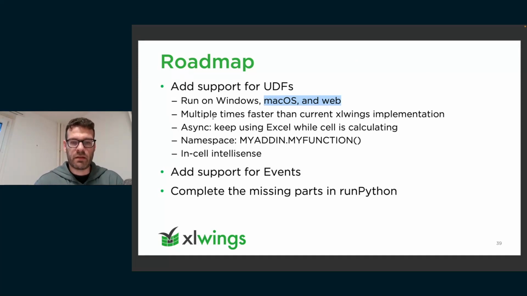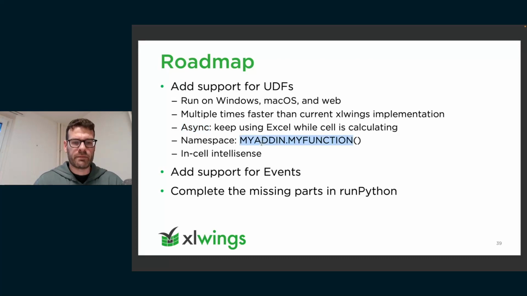They're multiple times faster than what we currently have in xlwings. They're asynchronous by nature, so you fire off a user-defined function and you can continue to use Excel, and whenever the calculation is done, it'll be populated.